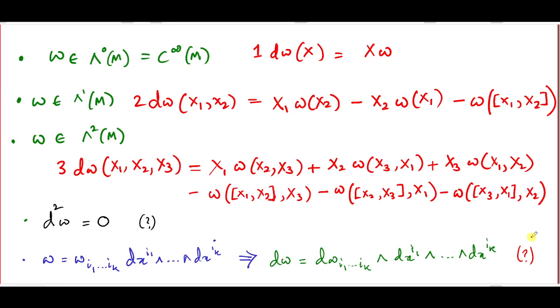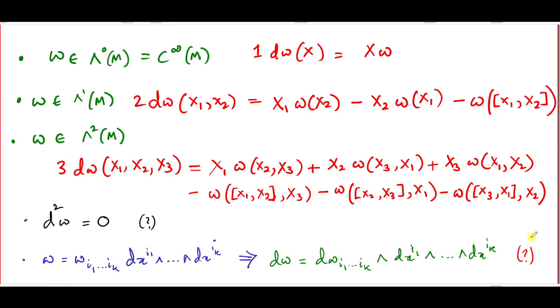Now, what is conceptually very important is to realize that although we started by stating that the exterior derivative takes a k form to a k plus 1 form, we had never actually proven that fact. We have stated an expression for d omega, and using that expression, we should be able to derive that this is really a k plus 1 form. Not doing that was a very big omission that our previous lecture suffered from.